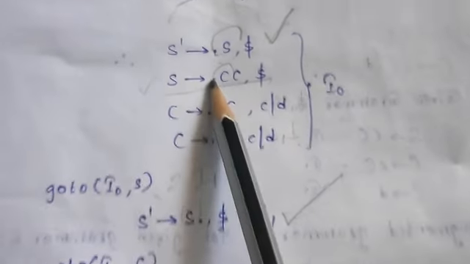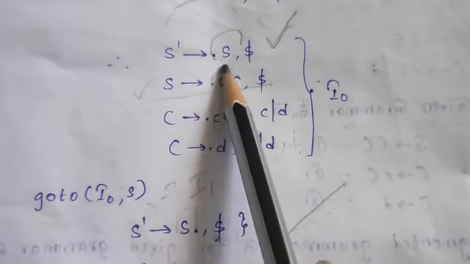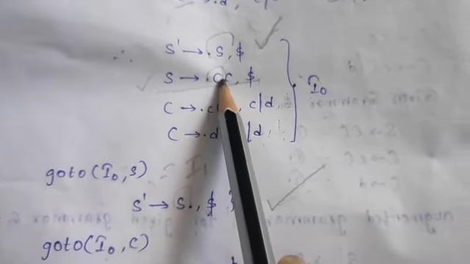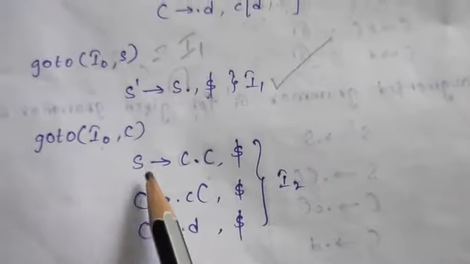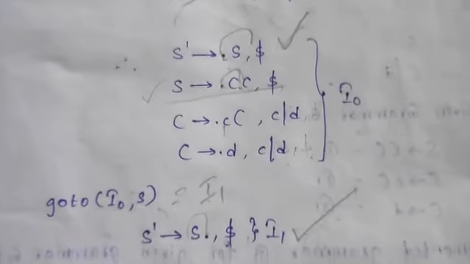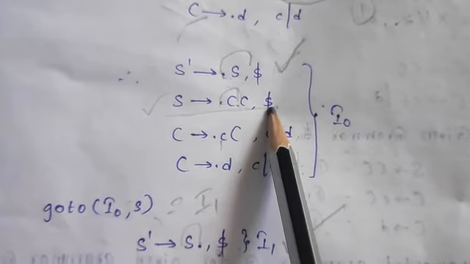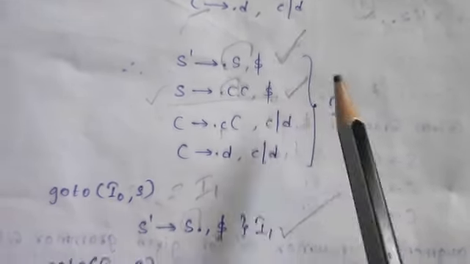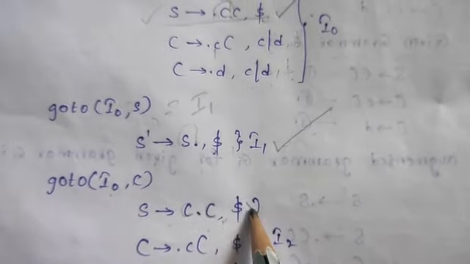Because the dot is moving by only a single capital C, so now the dot moves from here to here. So S tends to capital C dot capital C, comma whatever the look ahead is that should be placed before in this production, that should be placed here.